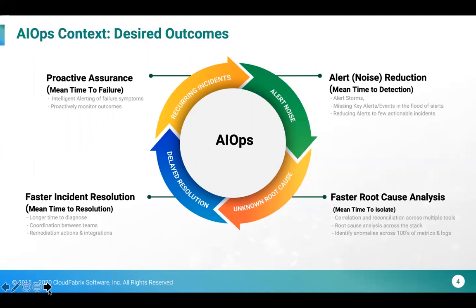The first focus is on alert noise reduction, or alert reduction. If you look at many enterprises today, they have a lot of monitoring tools, and by design they observe and monitor health rules on a continuous basis and raise alerts when there is a deviation, on different metrics and different logs.